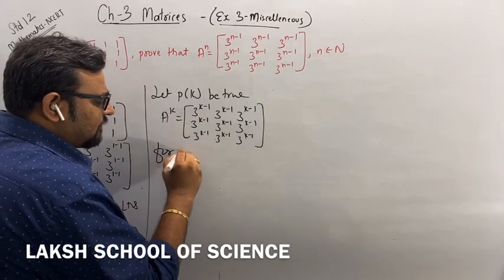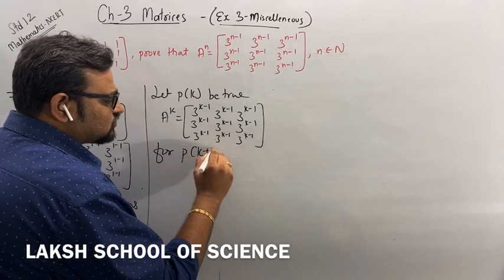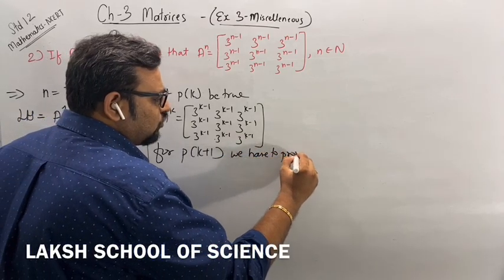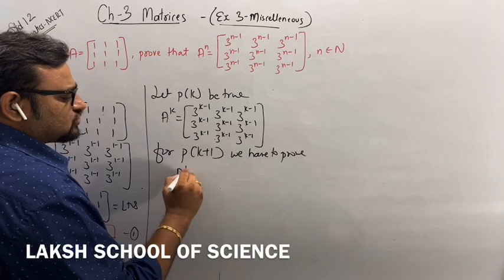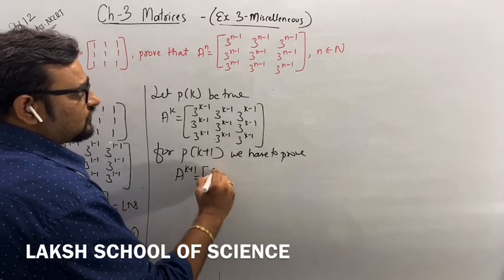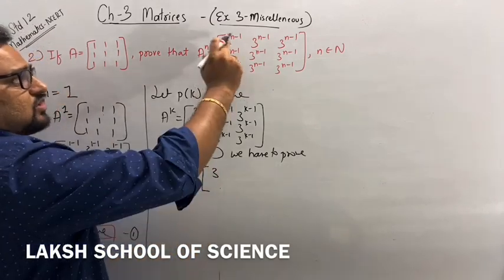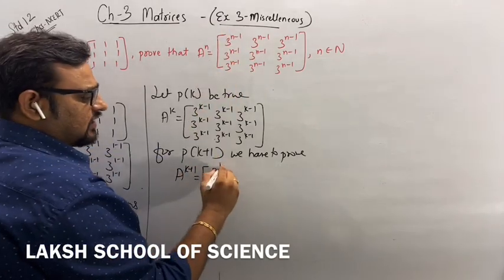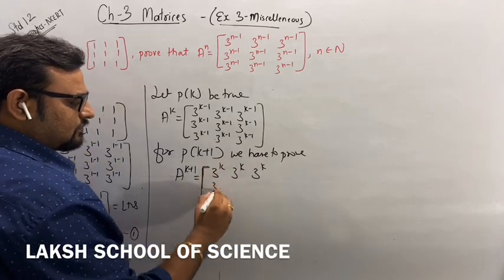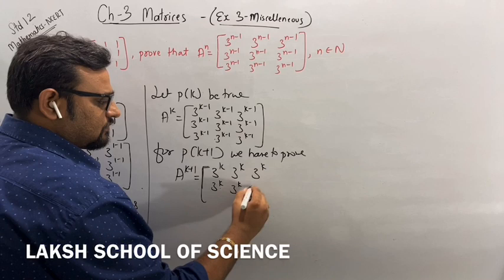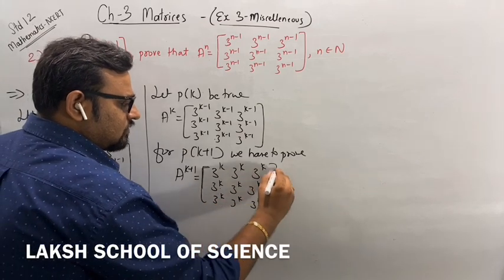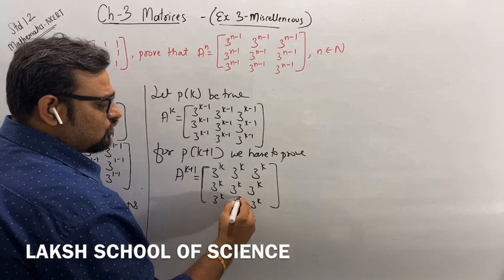For P of k plus 1, we have to prove A raised to k plus 1 is equal to 3 raised to k plus 1 minus 1, times the matrix. Okay, we have to prove this.